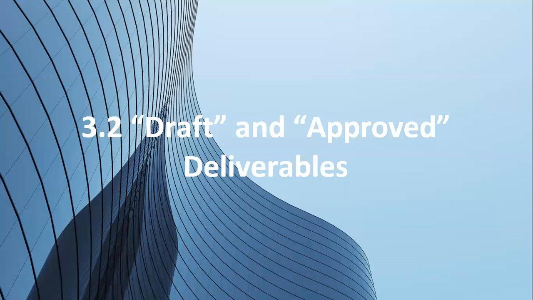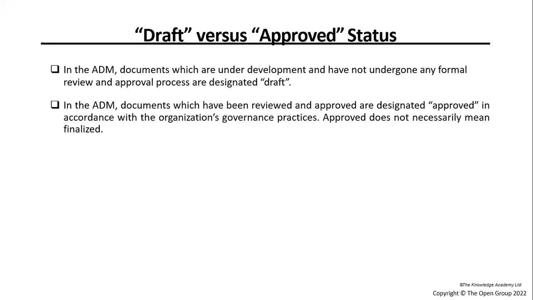Draft is still in progress, changes are happening, and approved means it has been reviewed, agreed and signed off. Very good. One more thing to remember: approved does not necessarily mean finalized. It can go through review. So have a look at draft versus approved.